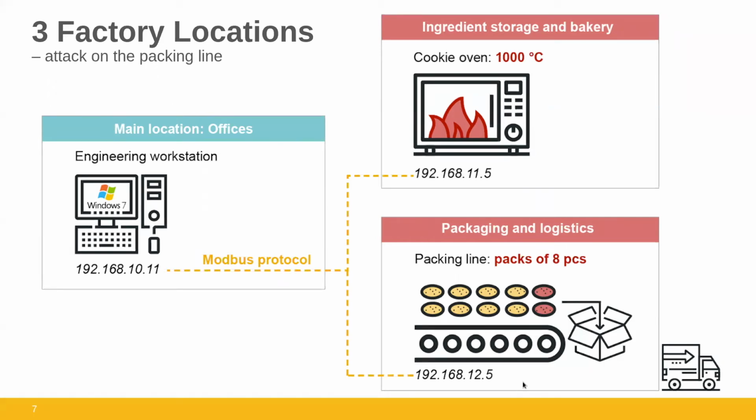That means the adversary was able to connect to both of the machines at the remote sites. He was able to abuse the Modbus OT protocol to communicate with them and also to change the values of the properties they have set. That means the adversary is basically able to change the flow of the processes that has been set up by default at those locations.